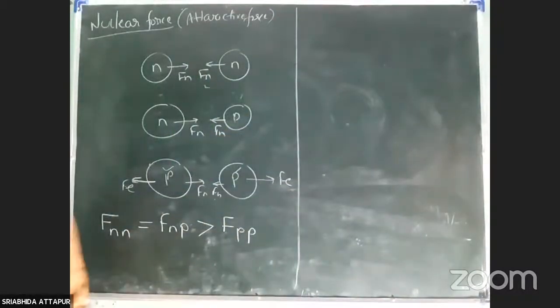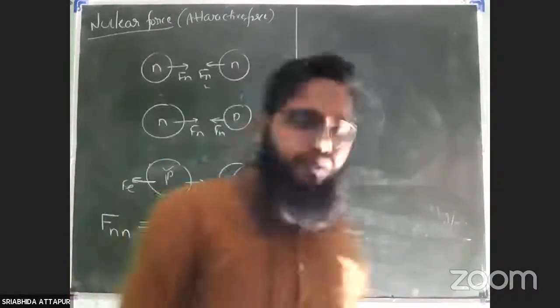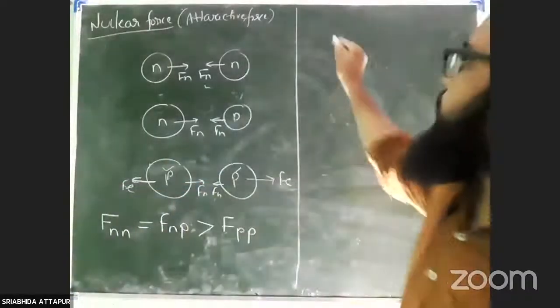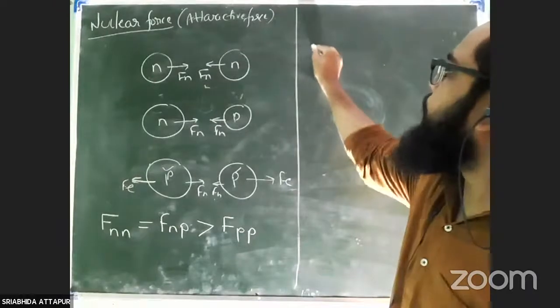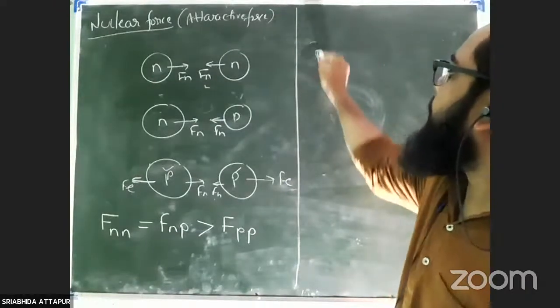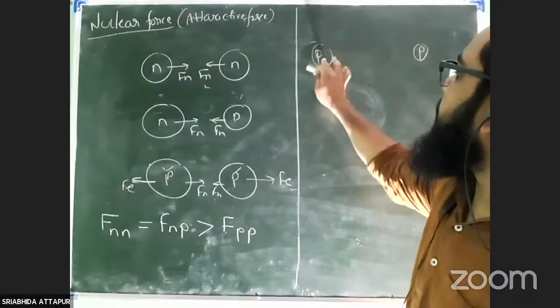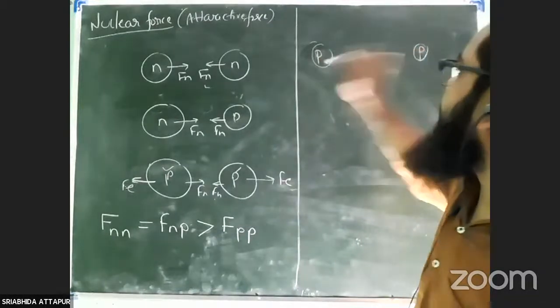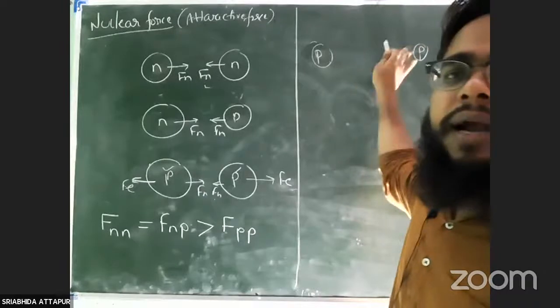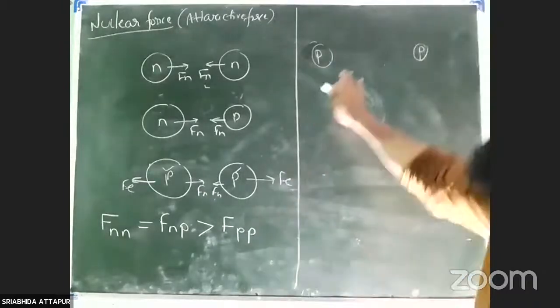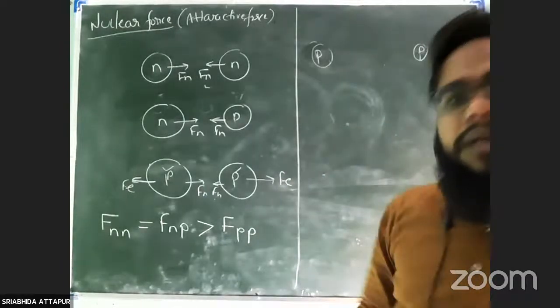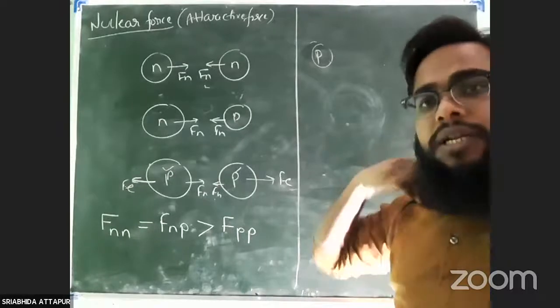Now one more thing. Suppose this is a neutron, suppose this is a proton, and this also a proton. If they are at infinite distance, then what is the potential energy between them? The potential energy will be zero.